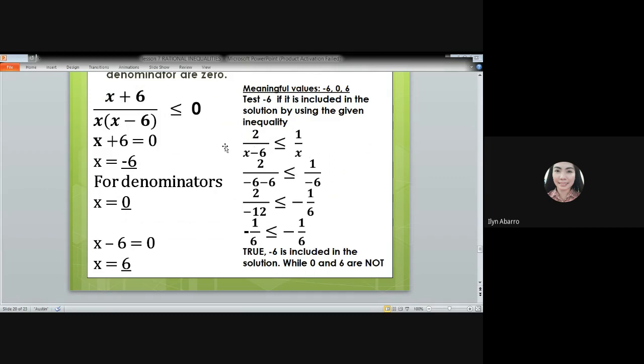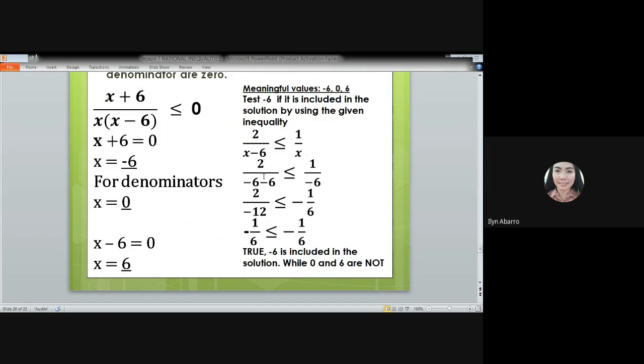Okay, so let's substitute negative 6 in the original given, that is 2 over x minus 6 is less than or equal to 1 over x. So in place of x, substitute negative 6. Ito na yon, negative 6 and negative 6. And let us perform the operation.